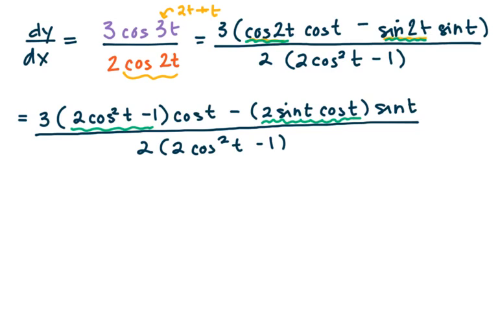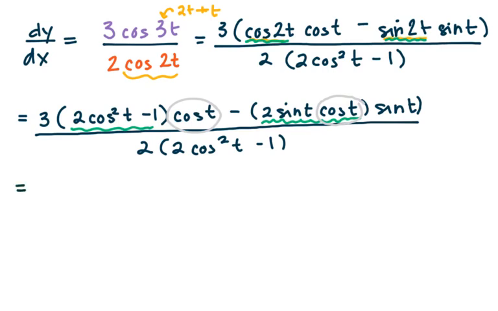I'm going to clean it up a little bit first. So my next step here, I notice that both of my 2 terms in the numerator have a cosine t. So I'm going to factor that out. And notice that 3 was still in front of all of that expression in the numerator.